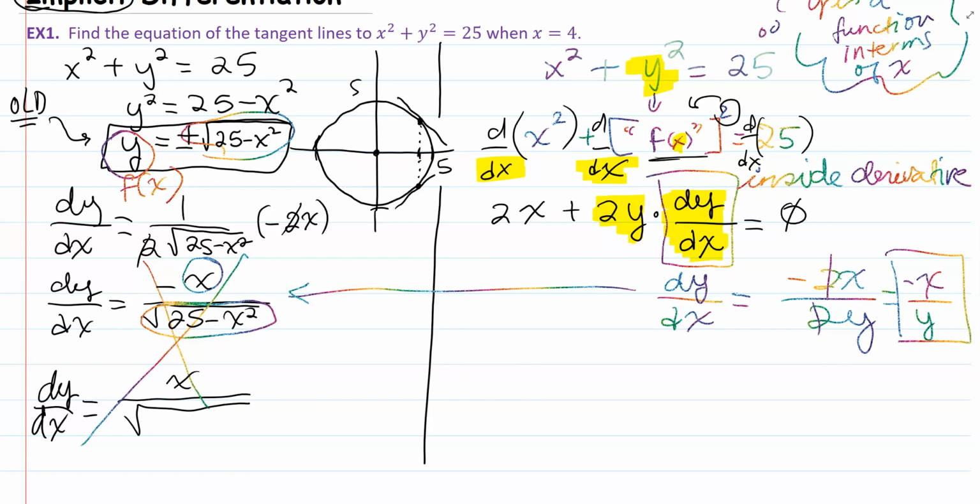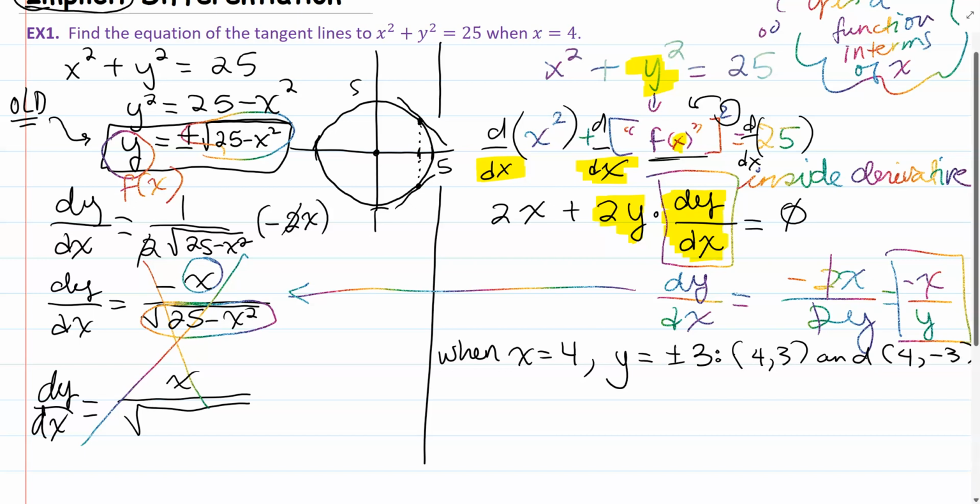Let's say when x is equal to 4, y is equal to plus or minus 3. So you actually have 2 points, (4, 3) and (4, -3). These are the points, and as we can see on the graph, there are 2 points of tangency there.